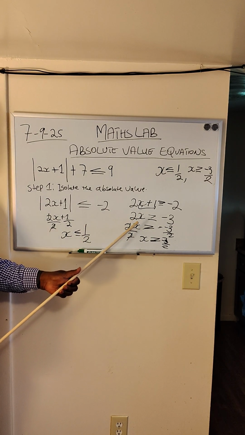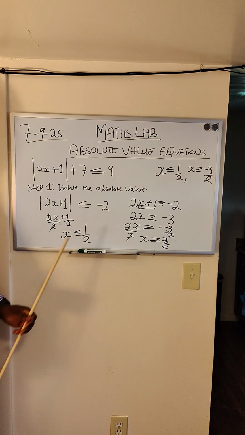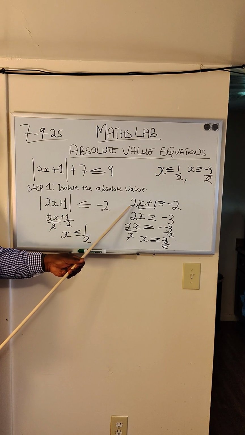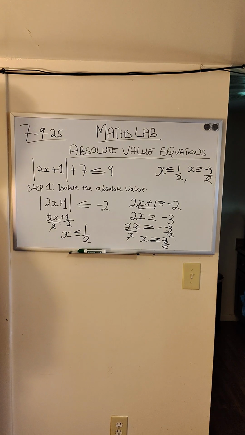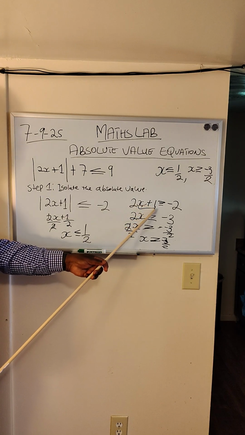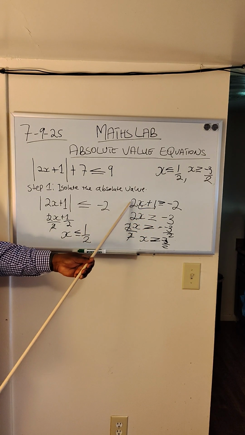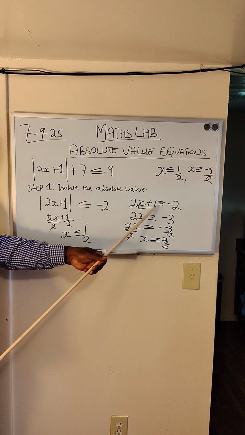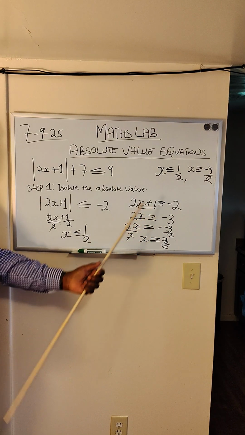Then 2x was less than or equal to -3, because 2x is equal to 1 plus -2, which eventually gave us -3.